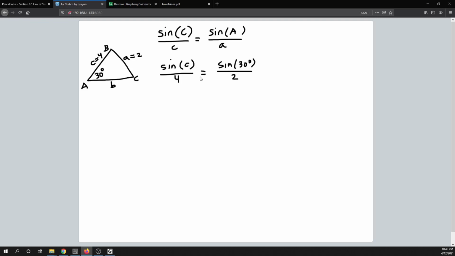I can solve by cross multiplying. So I get 2 sine C is equal to 4 sine 30, by multiplying through. Then I divide both sides by 2.